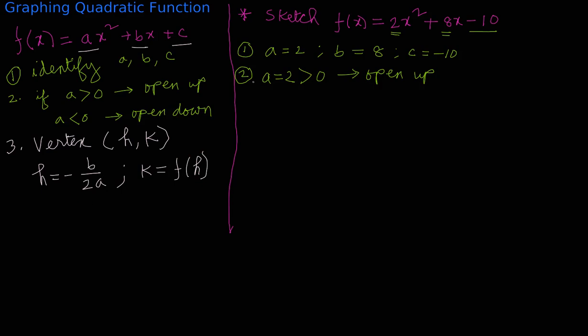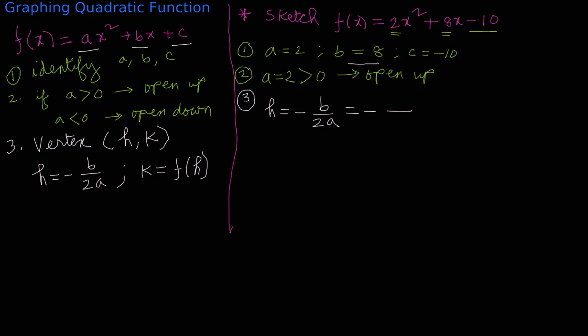Let us apply this formula to our particular problem. For step number 3, what is the definition of h? h equals negative b over 2a. Negative is negative, we have nothing to do with that.